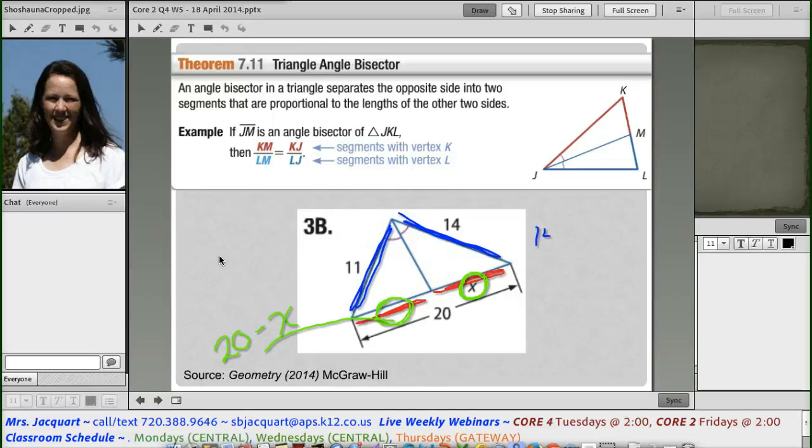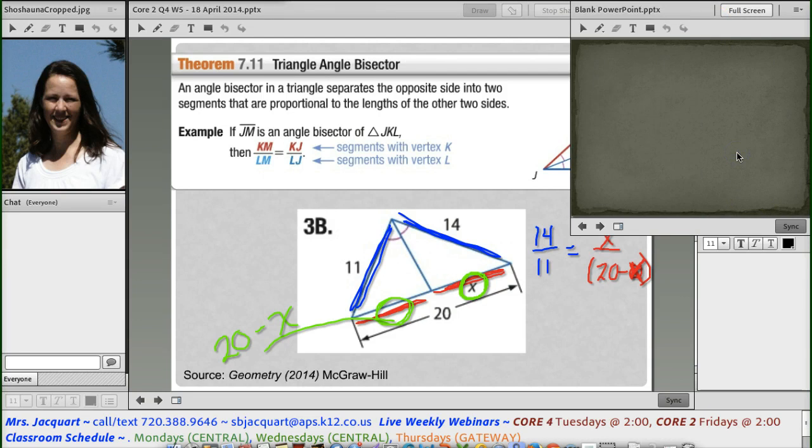So let's set it up. So 14 over 11 equals x over 20 minus x. It's an x. So let's go to our whiteboard and write it out. Well, our gray board.